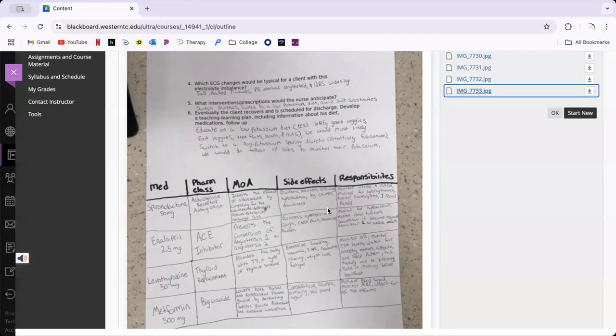Where are we at? Logan. Well, the spironolactone should be discontinued or adjusted. Okay. Then maybe calcium gluconate should be anticipated to stabilize the cardiac membrane.